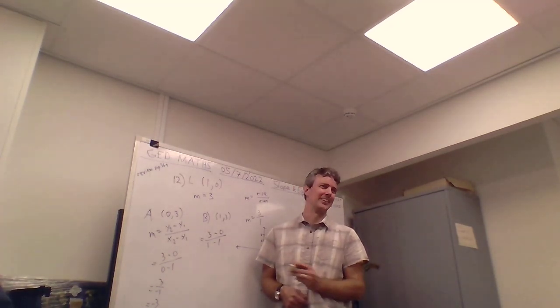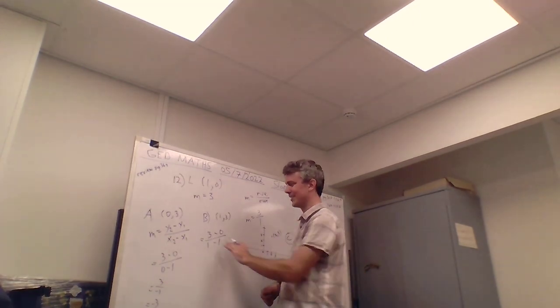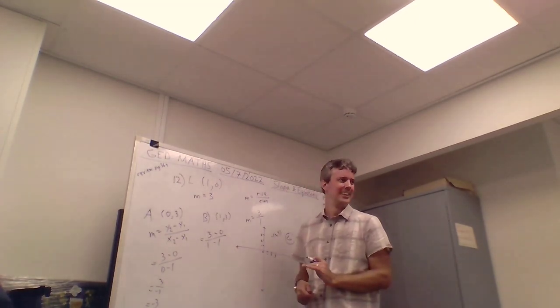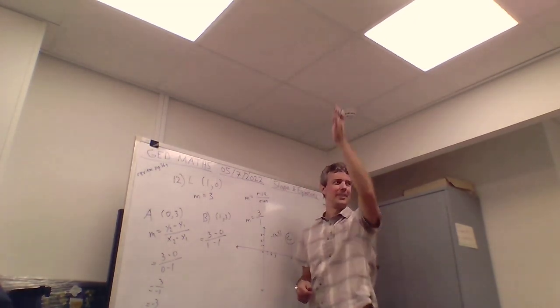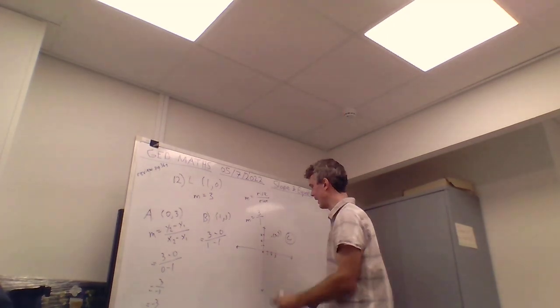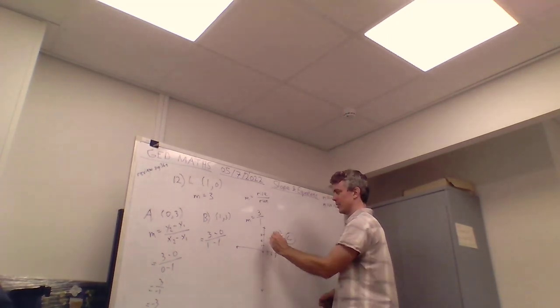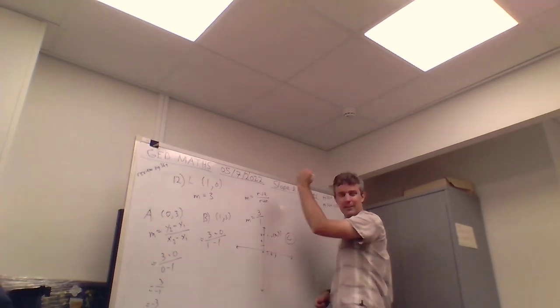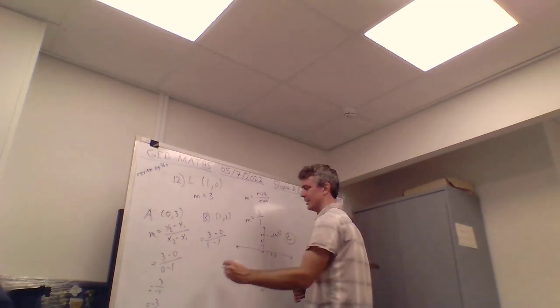Can't divide by 0. No, you can't have 0 on the bottom. It's an infinite slope. Then it would be the straight line basically going through here. So it's over here actually. So yeah, it would be a straight line. So undefined. C.